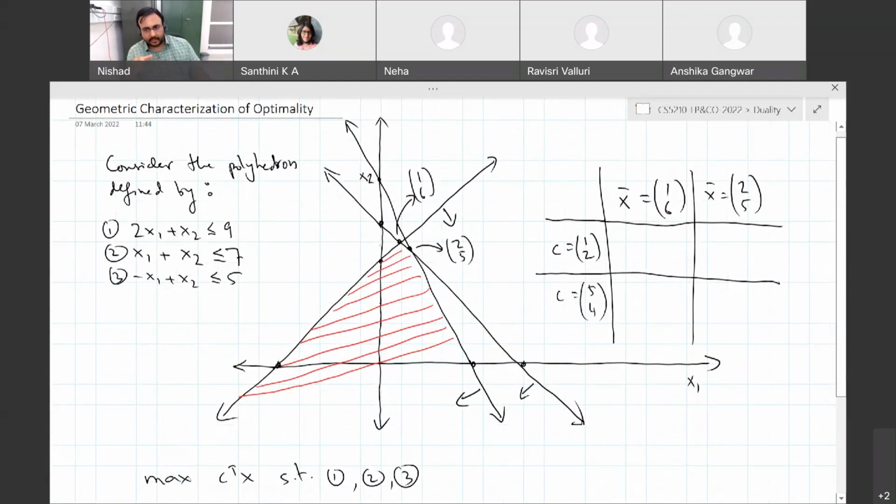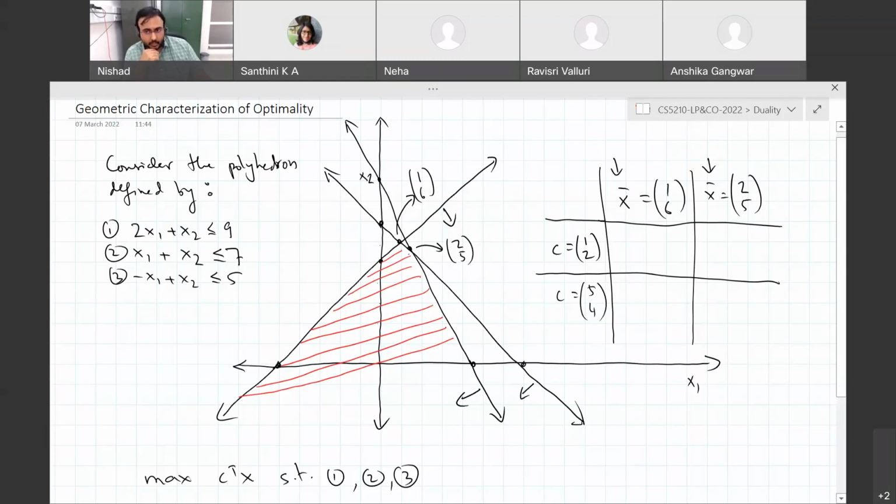And in the second case, we are maximizing 5x1 plus 4x2 subject to the given constraints. And let's see what the values of these points are. These are feasible solutions, right? Because they are extreme points of our polyhedron. So in particular, they are feasible. So I want to compute the value for both of these choices of objective functions.